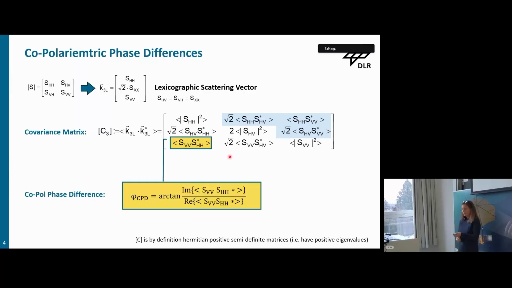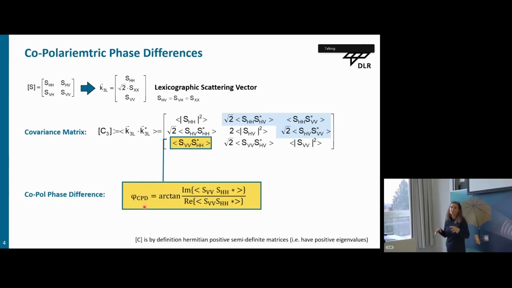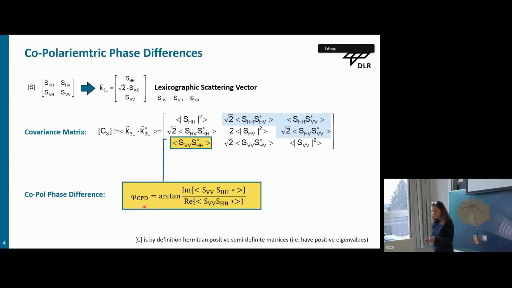You can rewrite this in terms of CPD, as you see here. This is how you would compute it with an arctangent of the imaginary part and the real part, and this is in principle the definition of the copol phase.